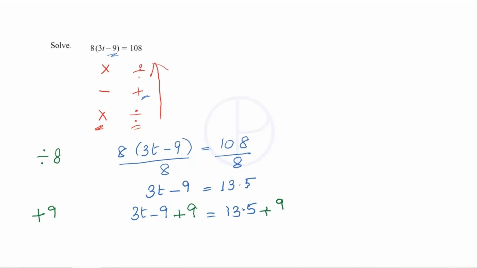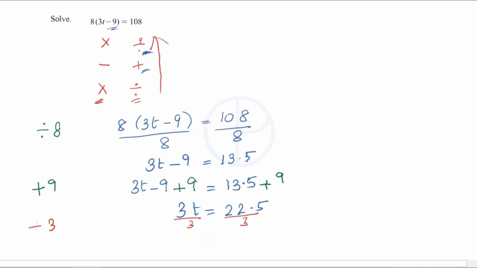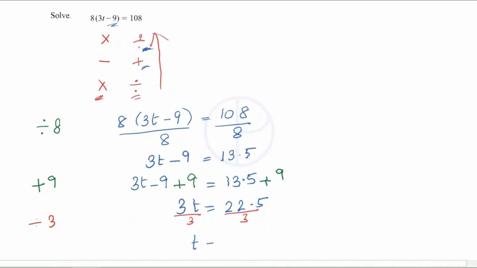So we get 3t is equal to 22.5. Next, it's division. Divide by 3. So we get t is equal to 7.5.